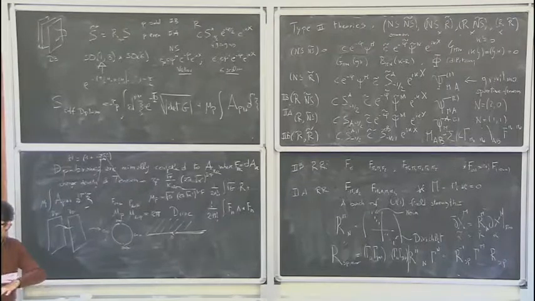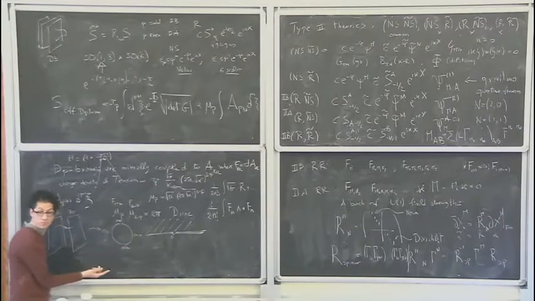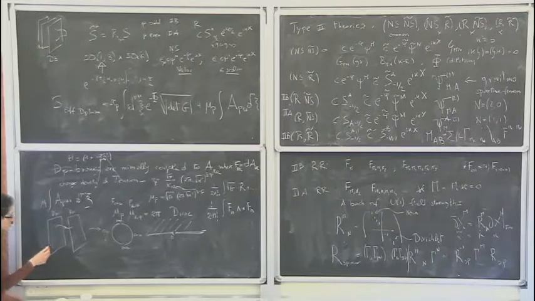I want them in the lowest possible state because I just want to calculate the tension, not the tension plus some extra energy on top. I don't want any open string insertion, because open string insertions are excitations of these D-branes.